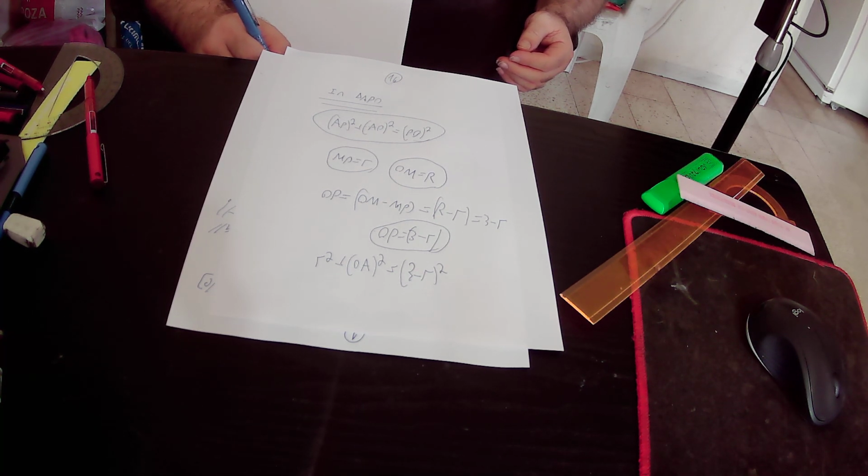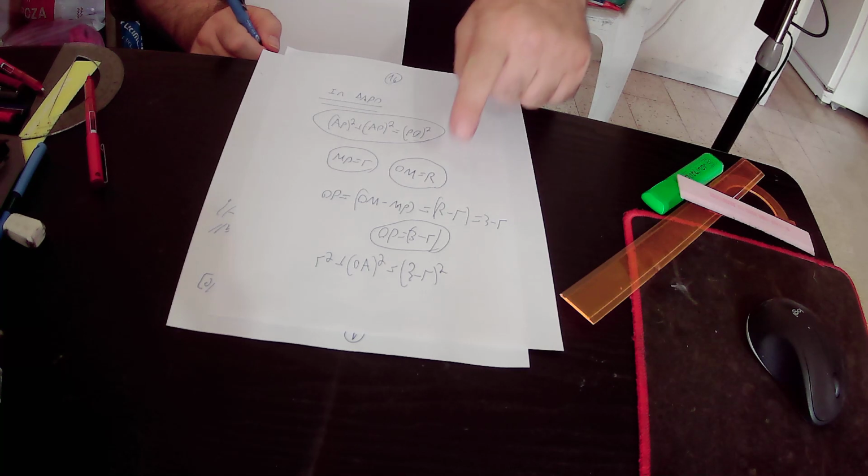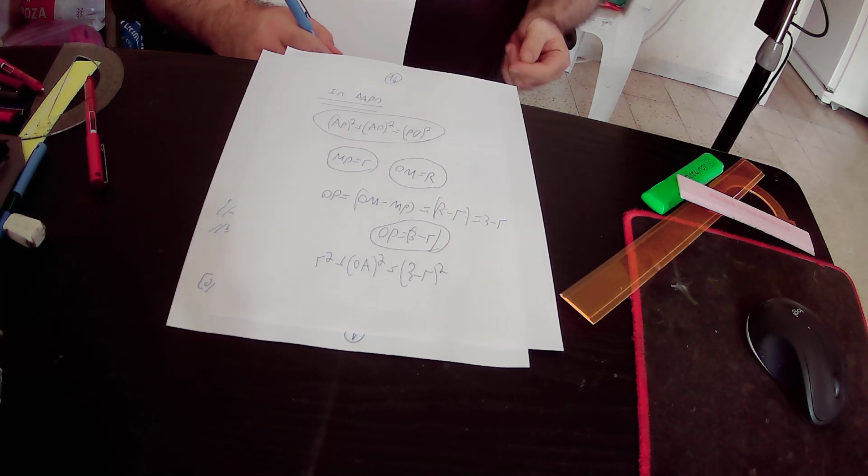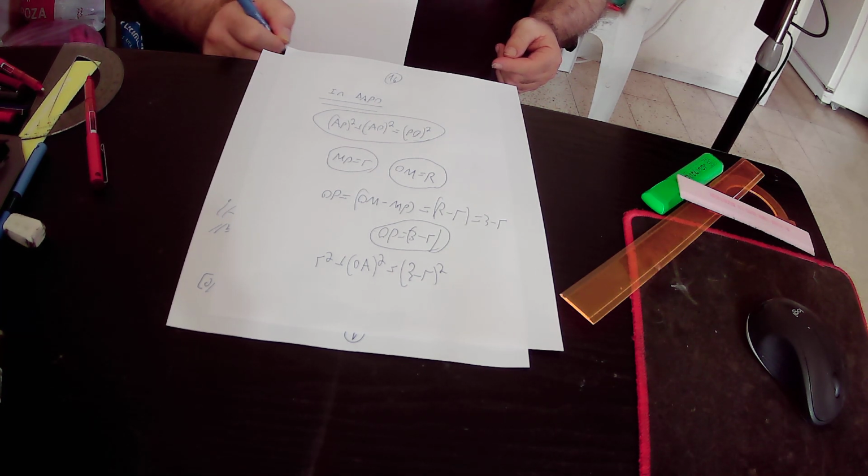We will open the brackets on this side of the equality and we will get r square plus OA square equals 9 plus r square minus 6r, since 3 squared is 9.